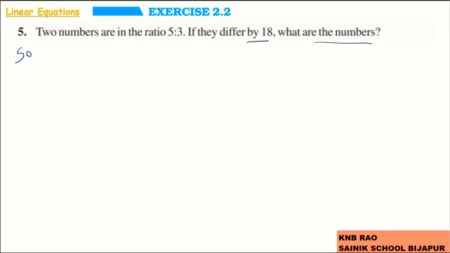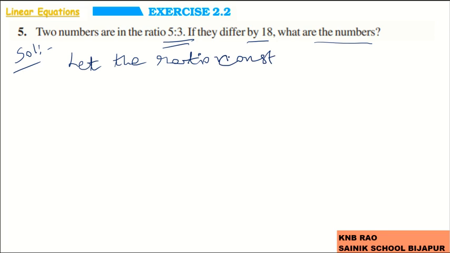See children, whenever you see a ratio, always assume the ratio constant as some variable. Let the ratio constant be, I can assume any variable, now you can assume the ratio constant as r.